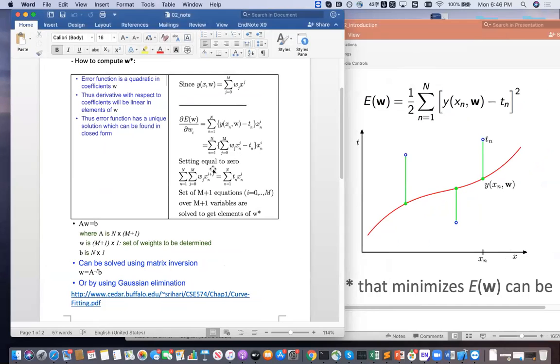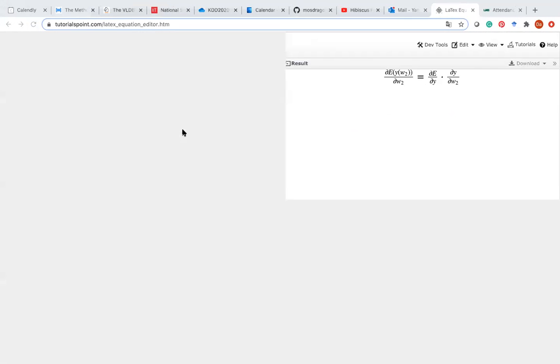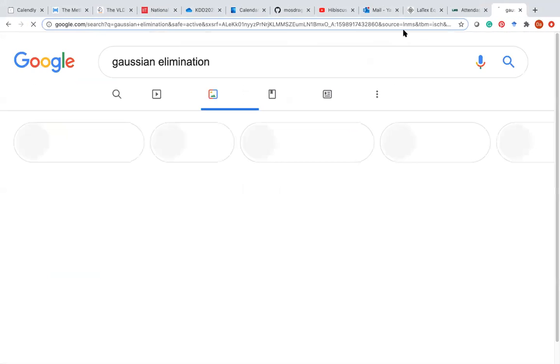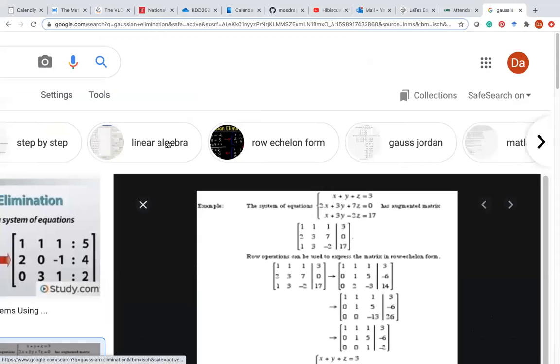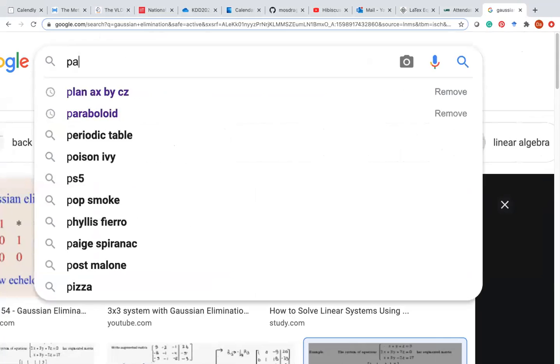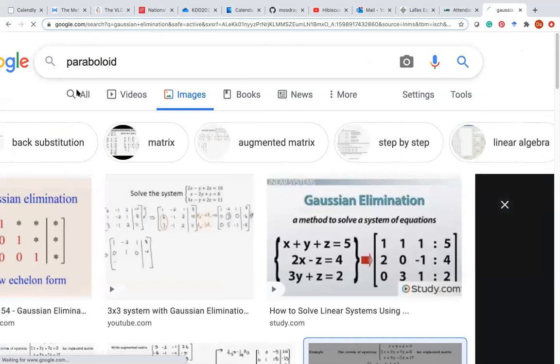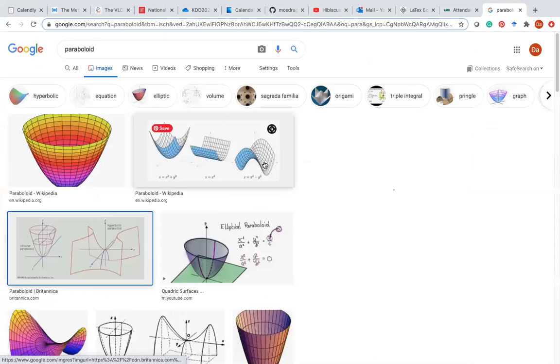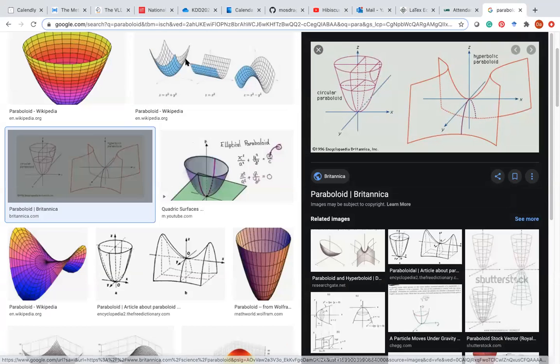Only when it's a convex function can you say that when every direction for w0, w1, w2 is 0, it's the lowest point of this function.